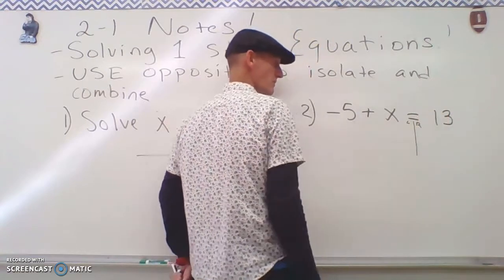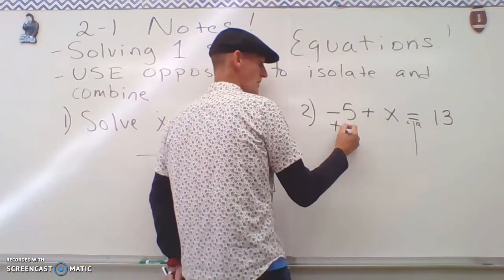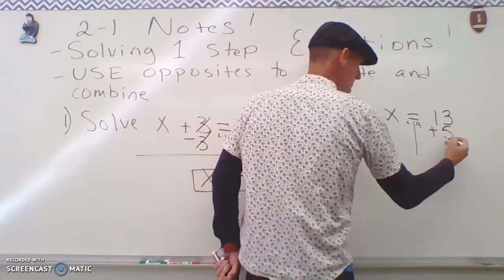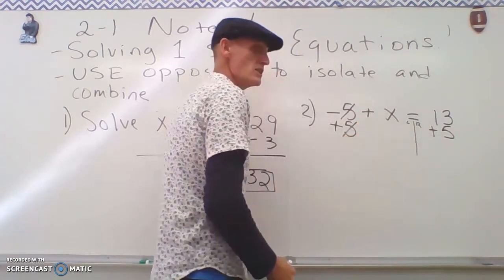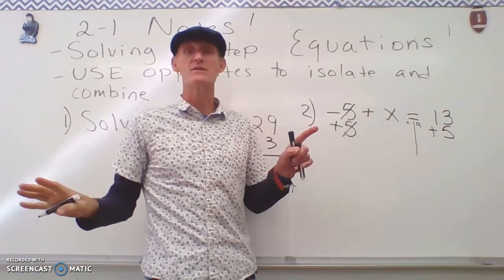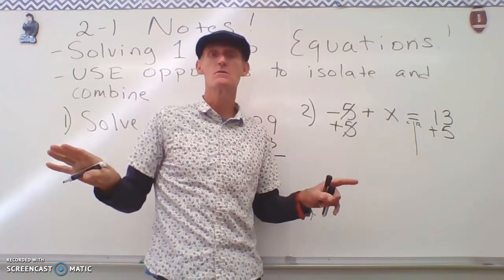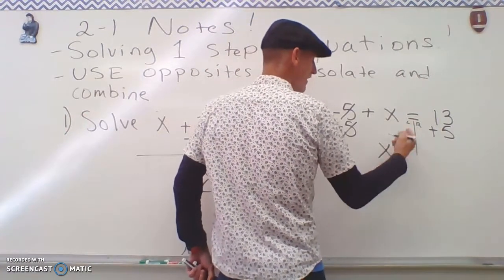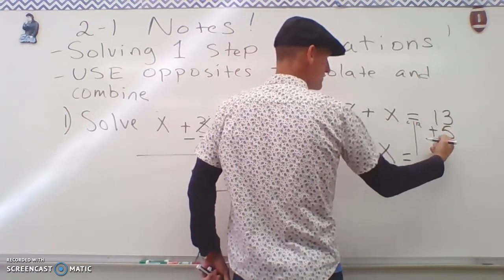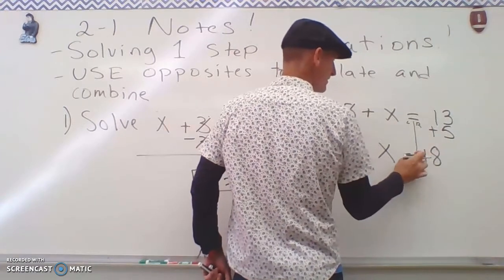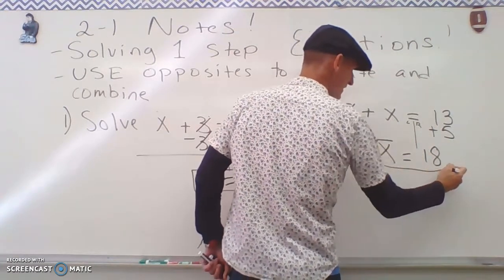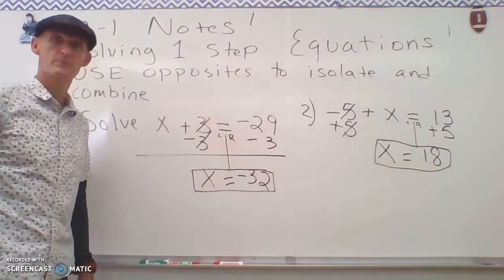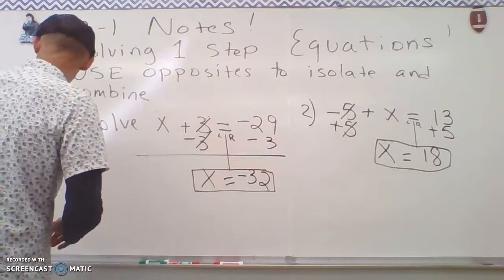Combine it over here. I'm going to add it, use its opposite, and I'm going to add it, use its opposite. Equations have to remain balanced. And I have x on the left, and 13 plus 5, 18 on the right, and I put a little box around my answer. Done. X equals 18.